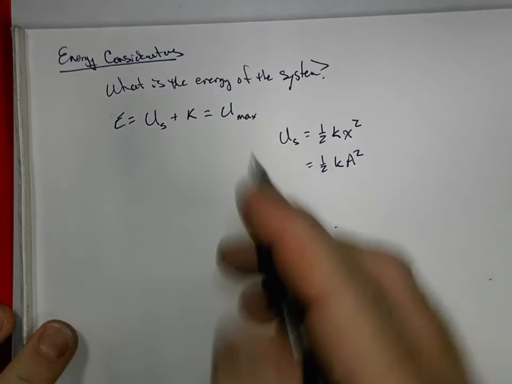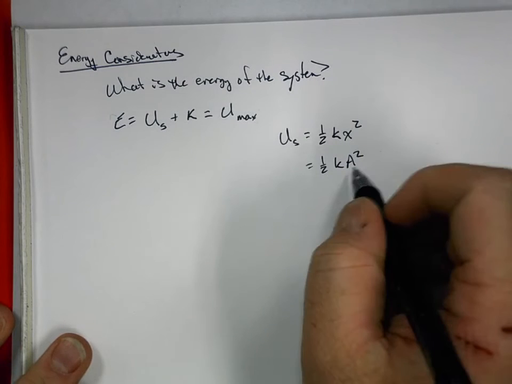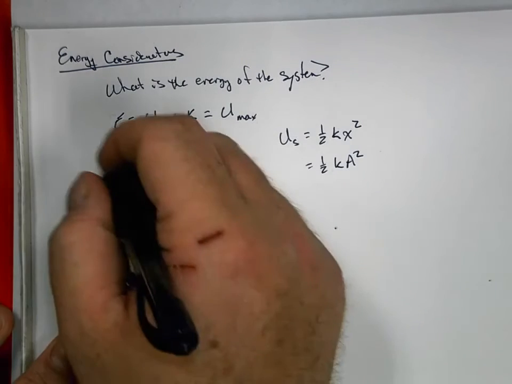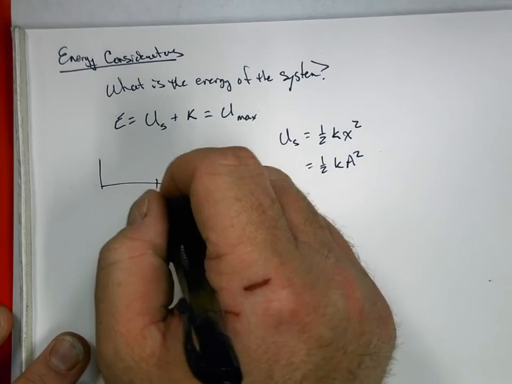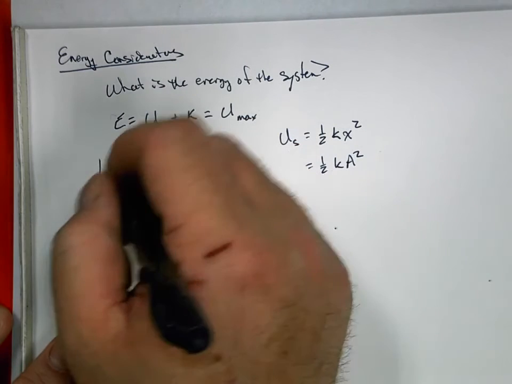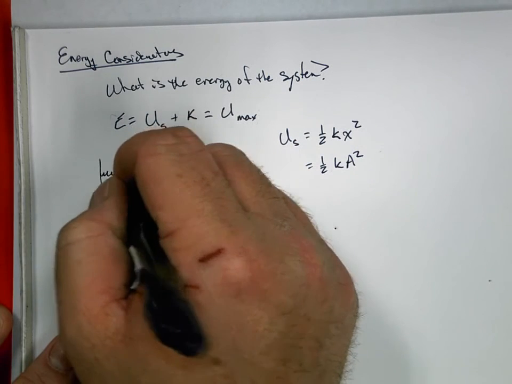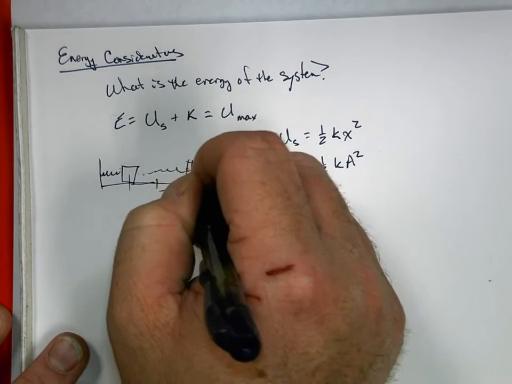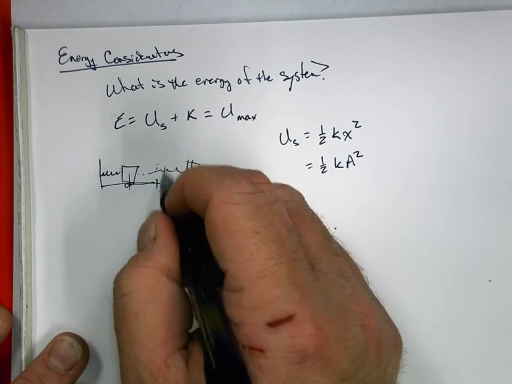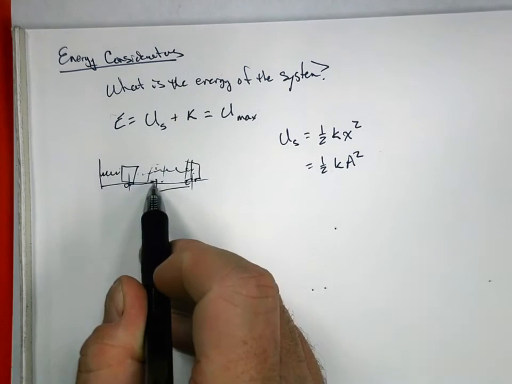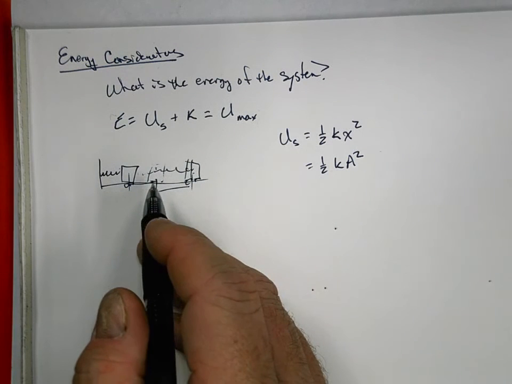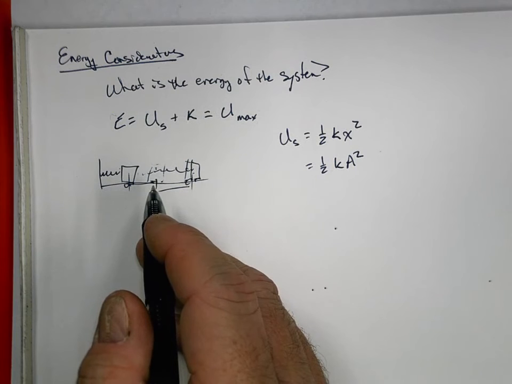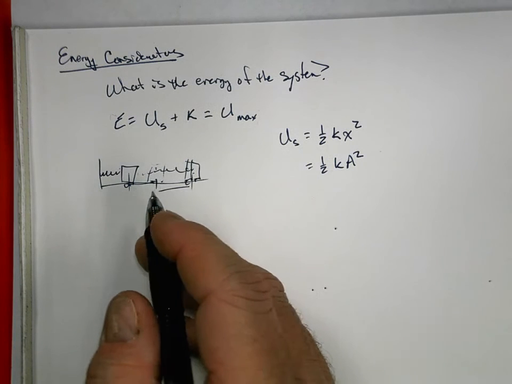Well, if our cart is in the middle of our swing here, what's our potential? It's zero, because we have an uncompressed, unstretched spring, right?